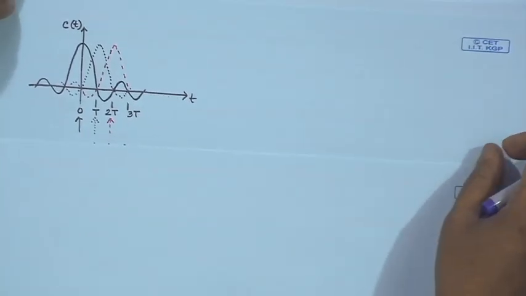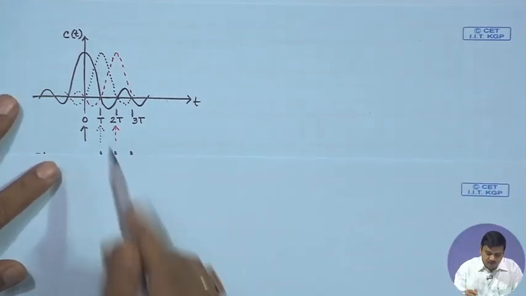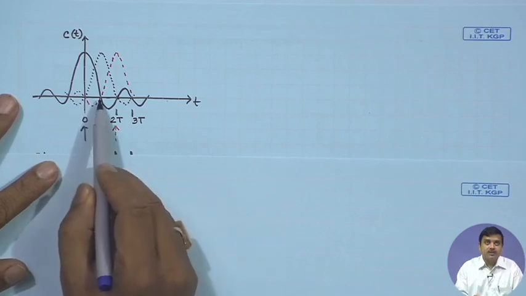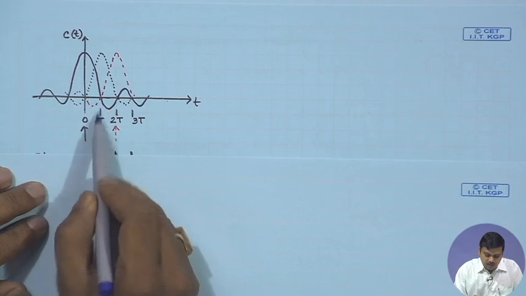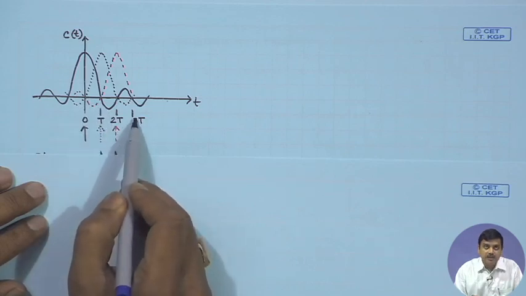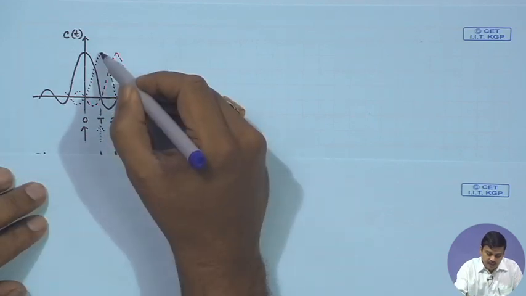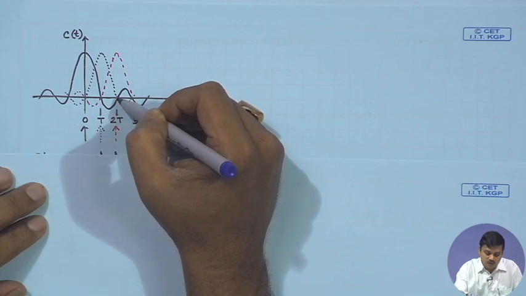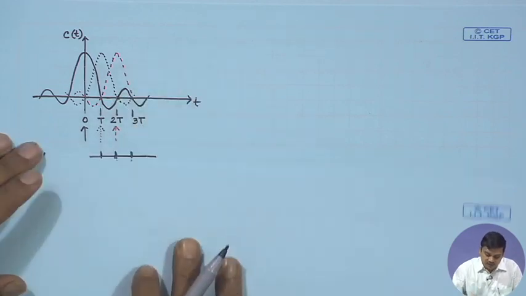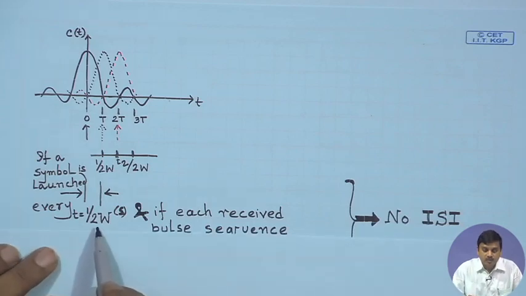Although this is a bit small, this is what we understand. If we are launching signals every T duration, so at T, 2T, 3T, such that T is equal to 1 by 2W, what we find at the sampling instance is that all other echoes go to 0. So, that clearly means that we can launch signals every 1 by 2W seconds.